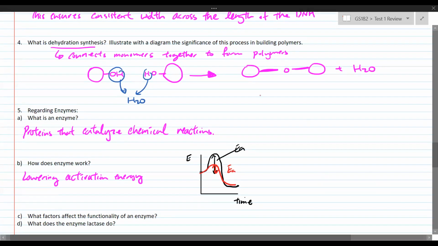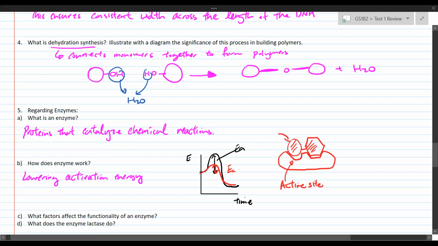Now, we also described how the enzyme has these pockets, called active sites. You would fit your substrate in, and the enzyme will essentially carry out the reaction. It could be different kinds of reactions.